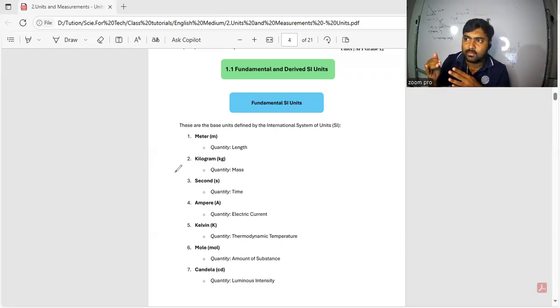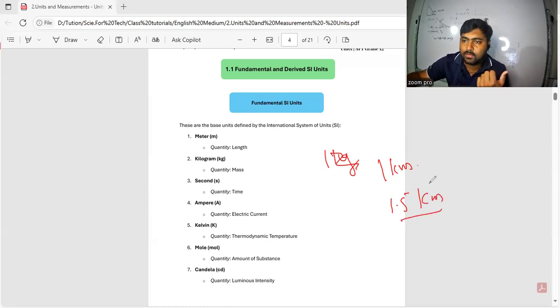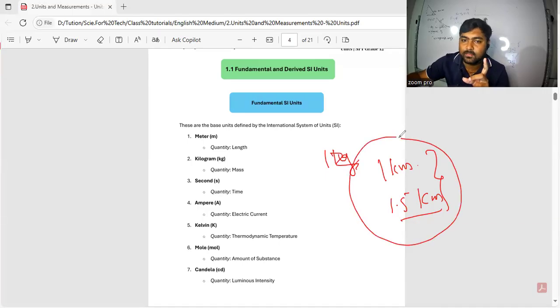Can you understand what I want to tell you? Huvakadura means someone can tell it is 1 kilometer, then someone can tell it is 1.5 kilometer. This is not defined. There is no definite value for that kind of thing.